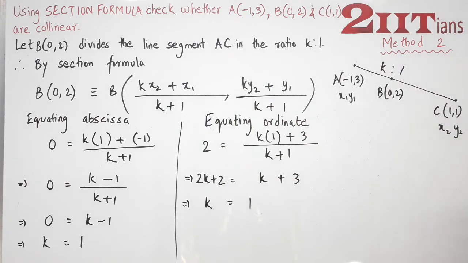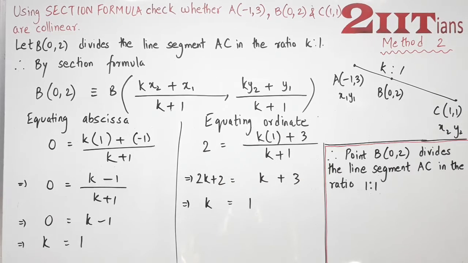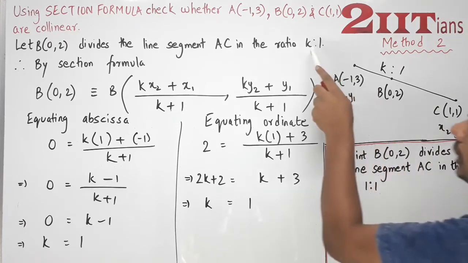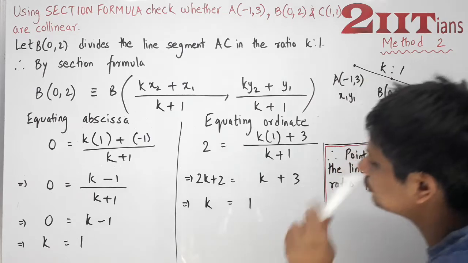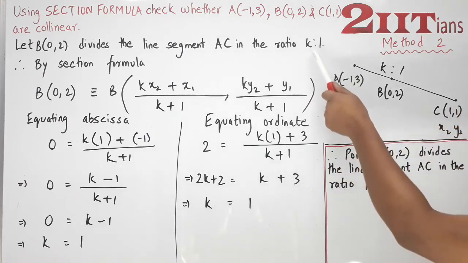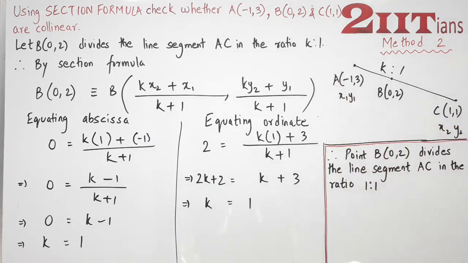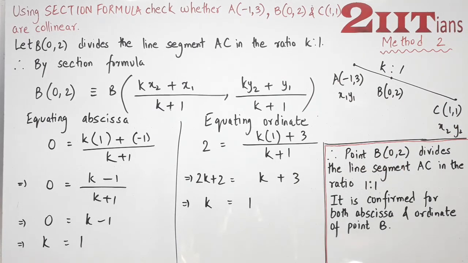So great, we have got K equal to 1 from both the sides. So we will write something here. Therefore, the point B 0, 2 divides the line segment AC in the ratio 1:1. We had assumed K is to 1, the value of K is 1, it is confirmed twice, so the ratio is 1:1. It is confirmed for both abscissa and ordinate of point B.